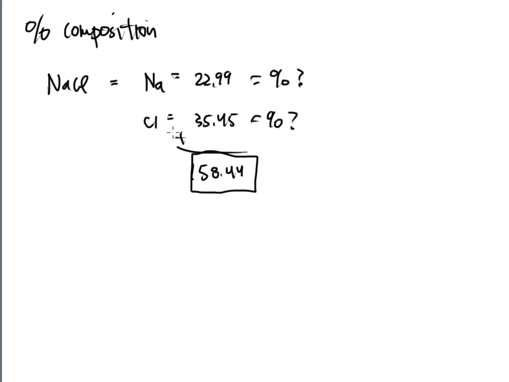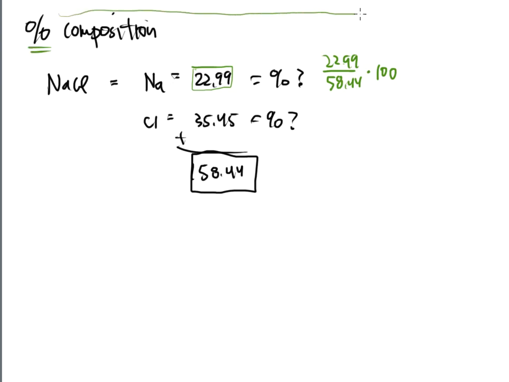So in order to calculate these percentages, what you would do is that you would take the amount that sodium contributes to the system, 22.99, and you divide it by the total, the formula weight of that compound that you just calculated. And then you multiply by 100 because, you know, this is percentage.